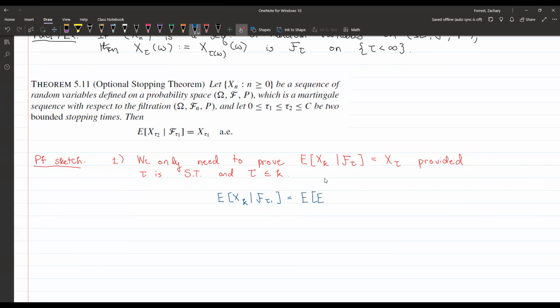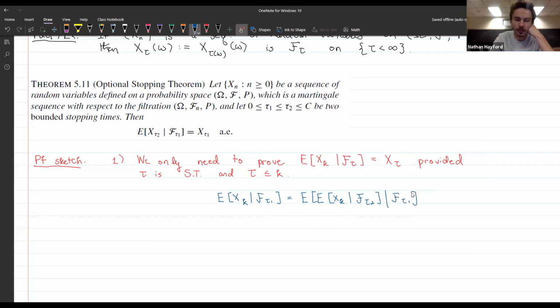The inner one is of X_k with respect to F_tau2, and then we take the expectation of that conditionally with respect to F_tau1.